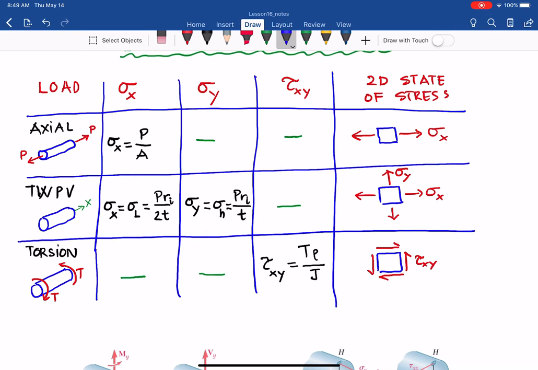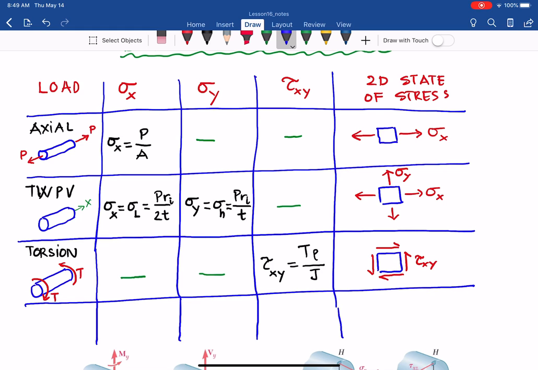The last one that we want to review is flexure, which creates the internal bending moment on the member.